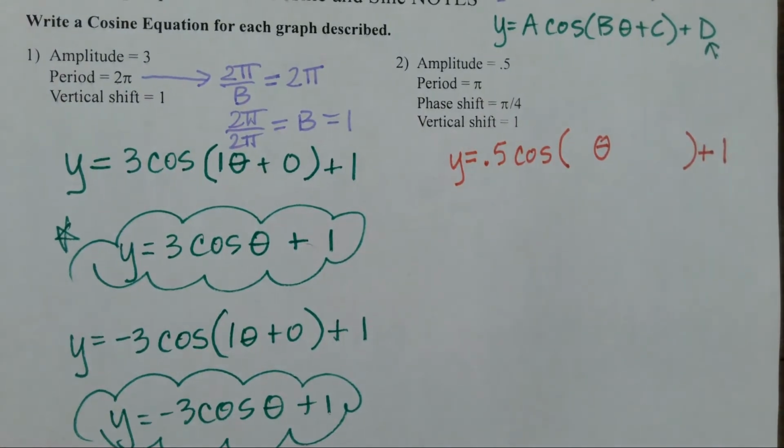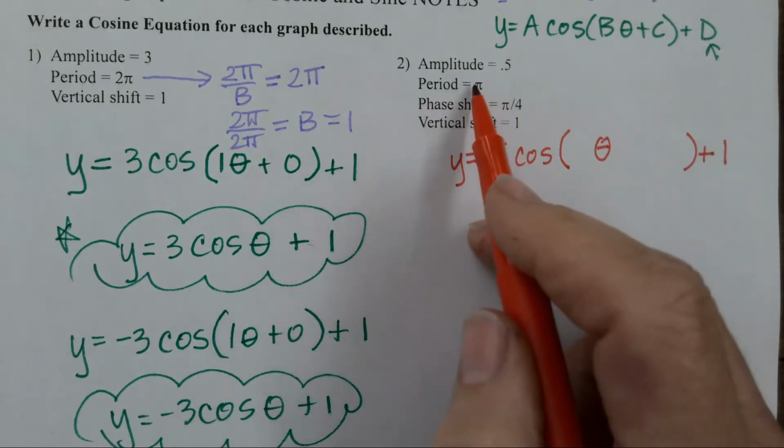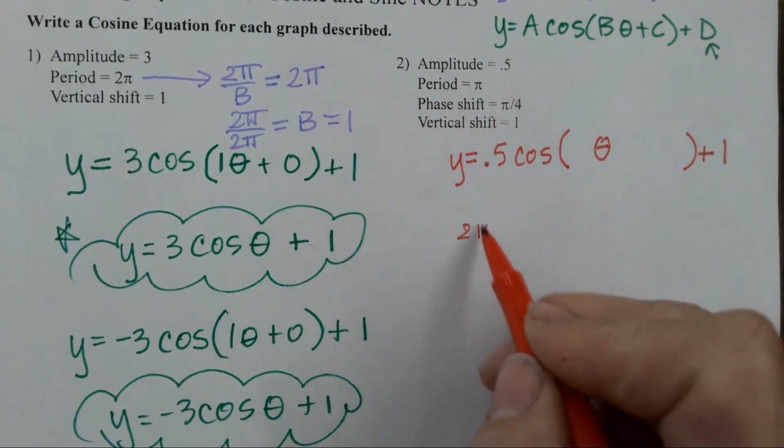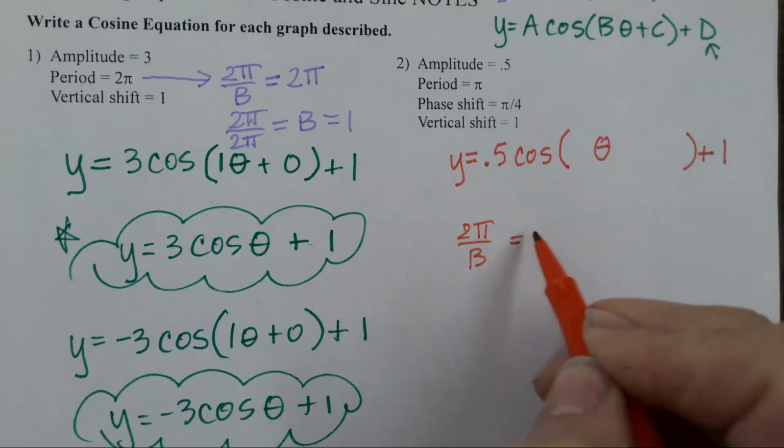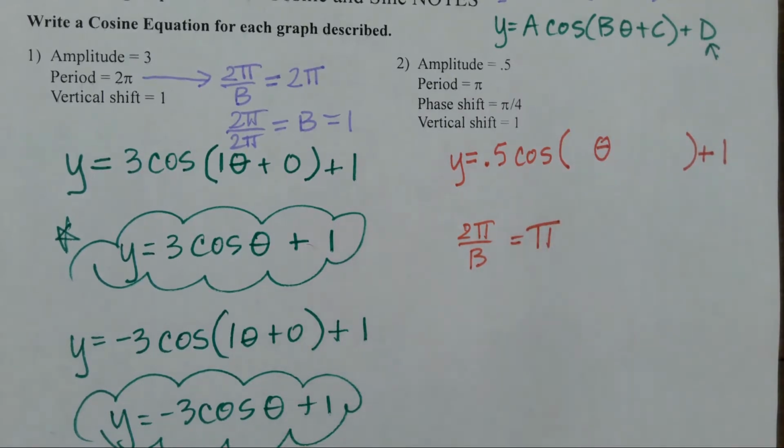So I'm jumping in. I have to do now the real work. I've got to find B and I've got to find C. We already figured out how we find B. Remember how this works. 2 pi over B is equal to the period, which is pi.